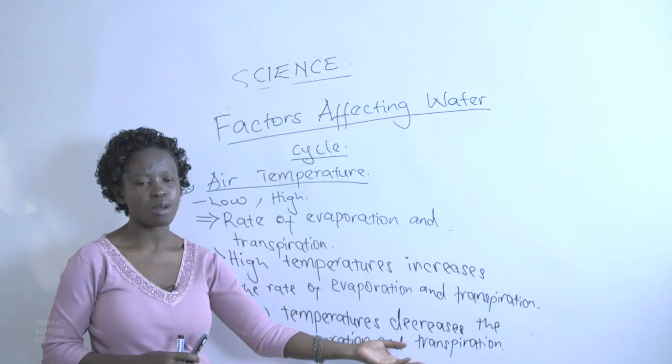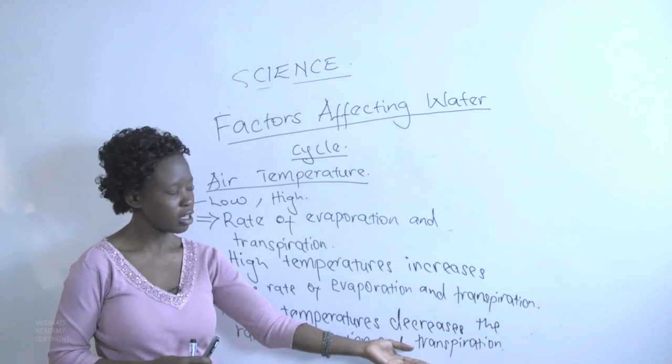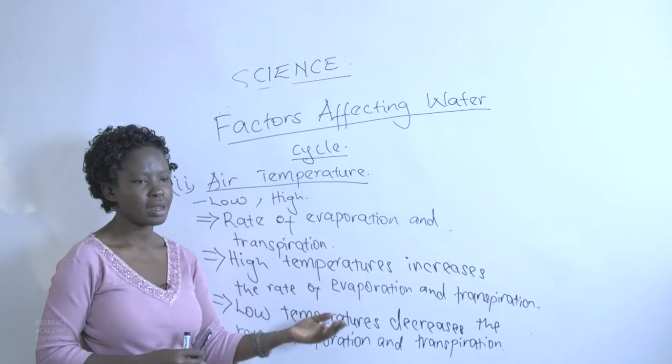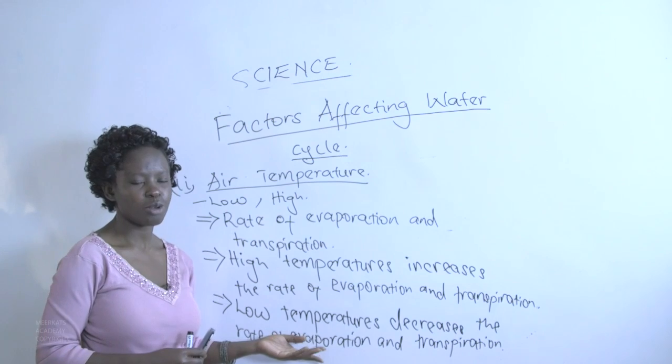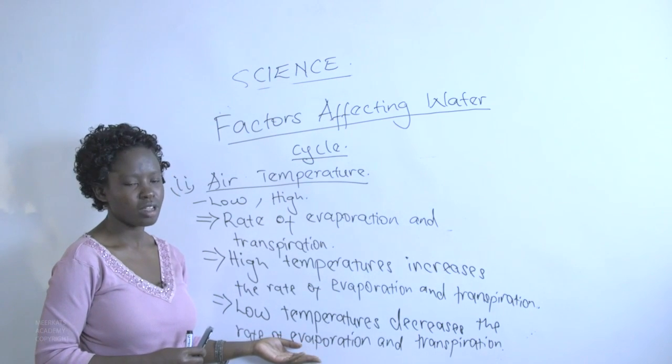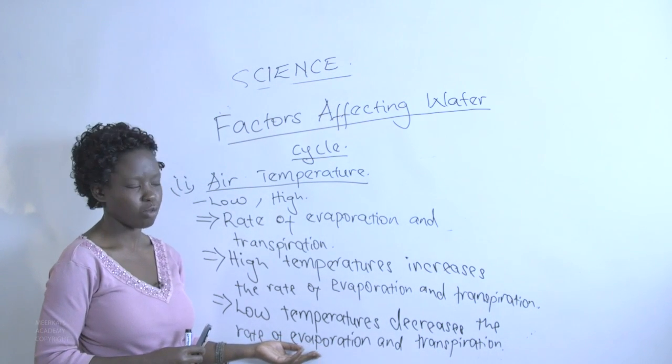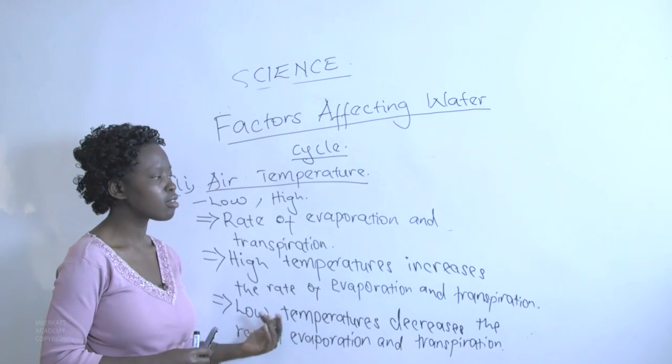Plants will not lose a lot of water into the atmosphere if temperatures are low, and at the same time, the water from the water bodies will not evaporate into the atmosphere if the temperatures are low.